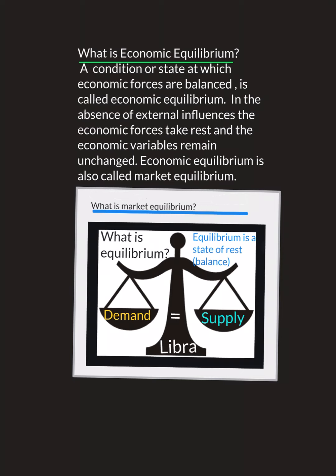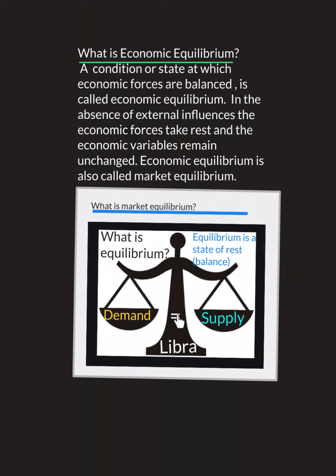Let us go back to the picture of Libra, where there were two economic forces, buyers and sellers, and these two forces are balanced, that is, demand from the point of buyers and supply from the point of sellers.